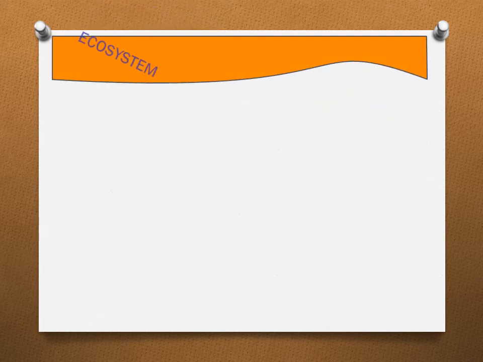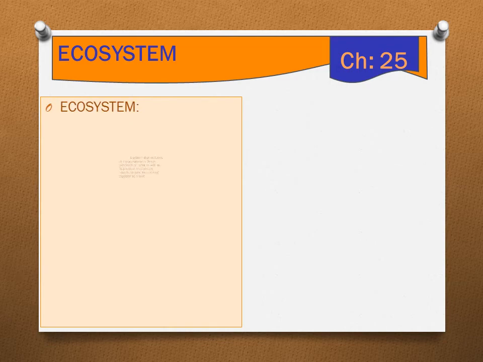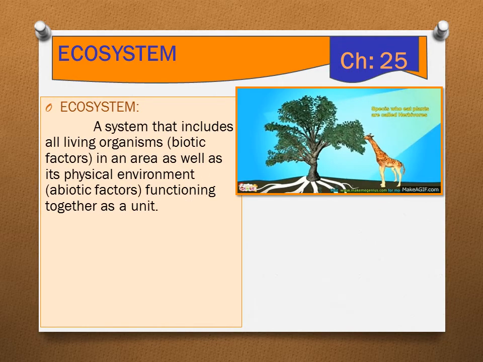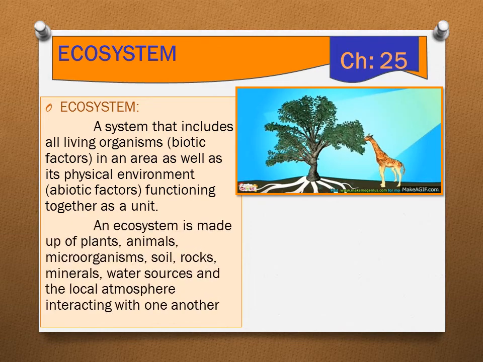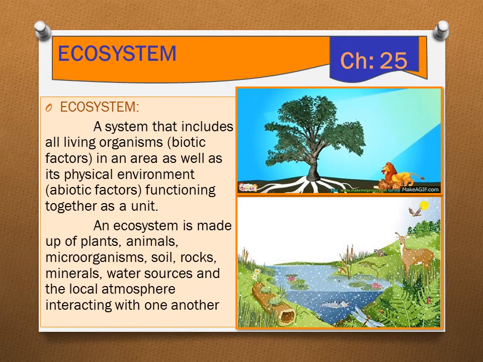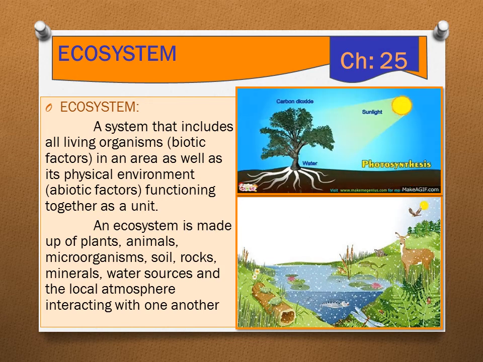The ecosystem is the 25th chapter of this book. A system that includes biotic and abiotic factors functioning together as a unit is called an ecosystem.